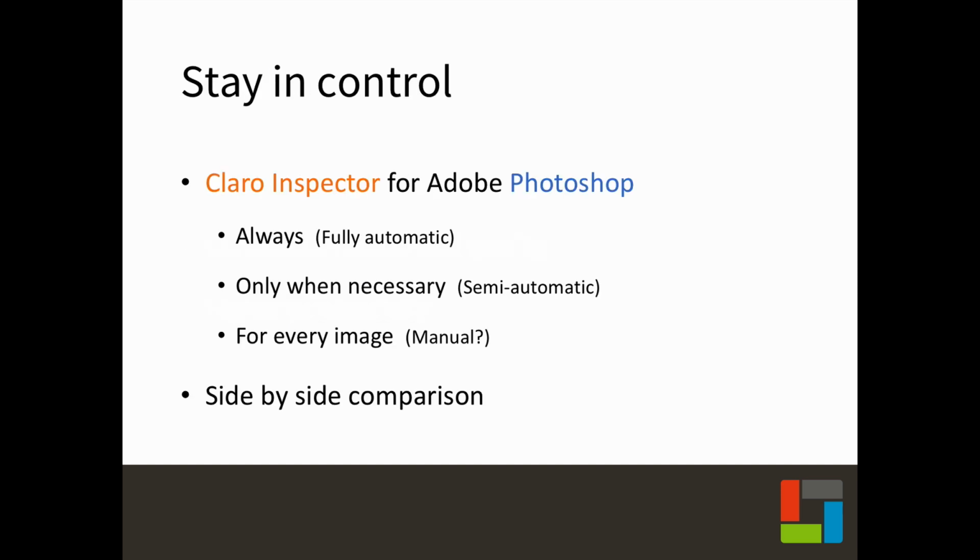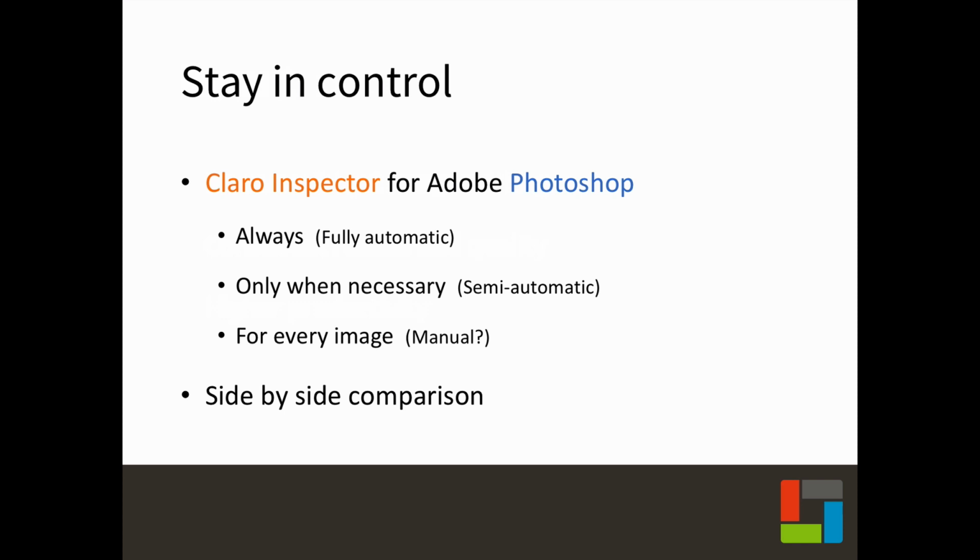Now, of course, you might not want to trust the program with everything. You might still want to keep control of the processing and to keep your manual editing as well. Well, Claro has the Claro Inspector for Adobe Photoshop, which can be used in three ways. The inspector makes it possible for your images to go through Photoshop to see the original image.